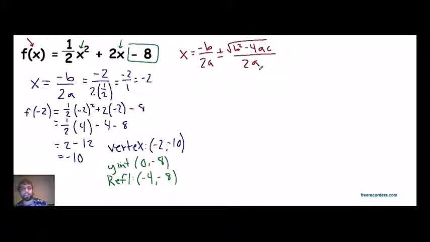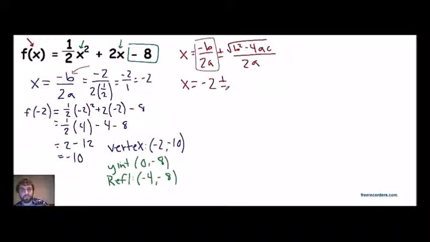I like to put it in 2 pieces because that way, when I go and find that, I don't have to do math twice. We already know that piece was negative 2 over 2 times 1/2, so this is negative 2.